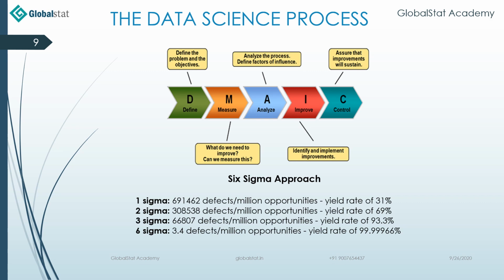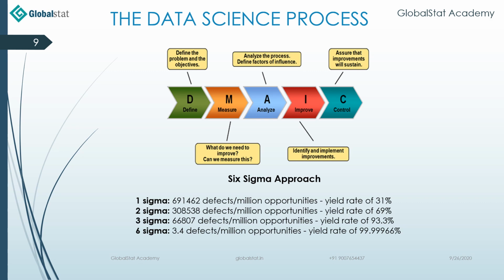One sigma: 6,91,462 defects per million opportunities. Yield rate is 31%. Two sigma is 3,08,538 defects per million opportunities.